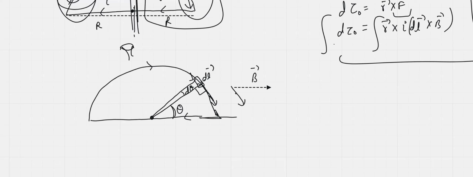If you extend it a little bit, it will be 90 minus theta. What is this angle? This is going to be theta. So what is this angle? This is 90 minus theta. So simply you can call this angle 90 minus theta. So let's remove it for now.